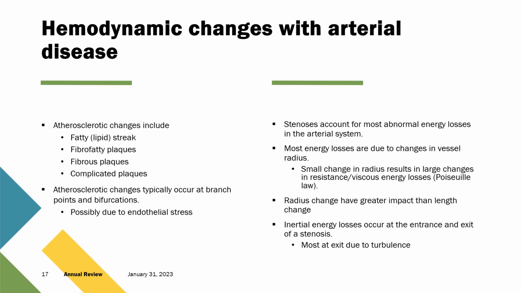So where we find most of these atherosclerotic changes initially is going to be at the bifurcations. And this is really because if I have a vessel coming in, it bifurcates, and I have nice laminar flow, I'm still going to have some of those blood cells crashing into that bifurcation.